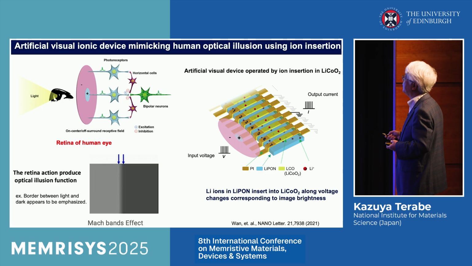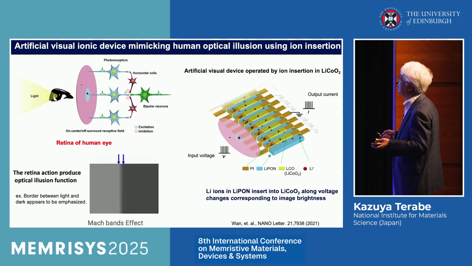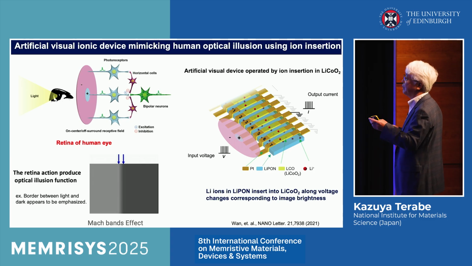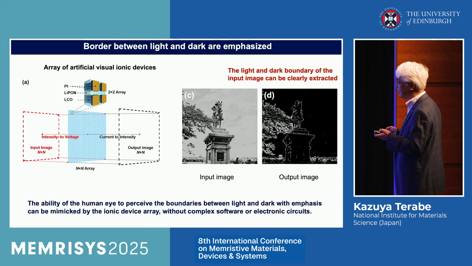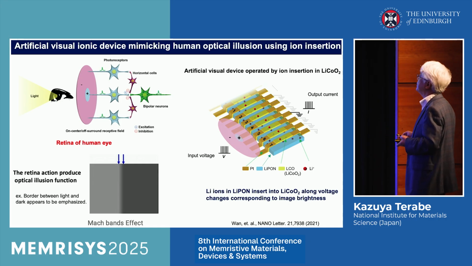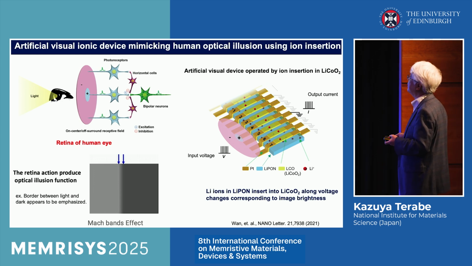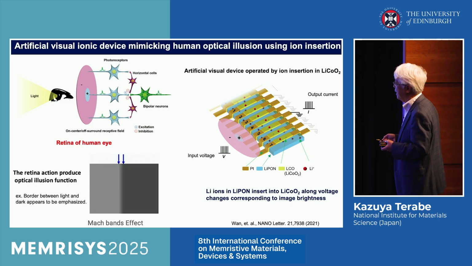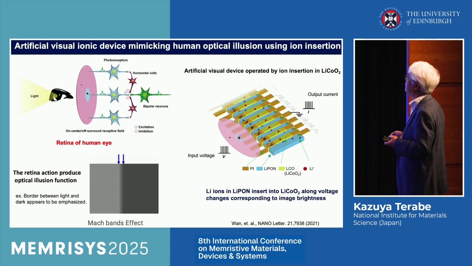So if we input the voltage according to the image, such a contrast here, there is some voltage gap, so that ions migrate around here, and current is changed like around here. So using these techniques, we can mimic such a Mach band effect.